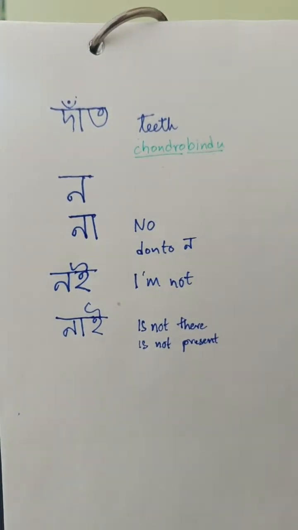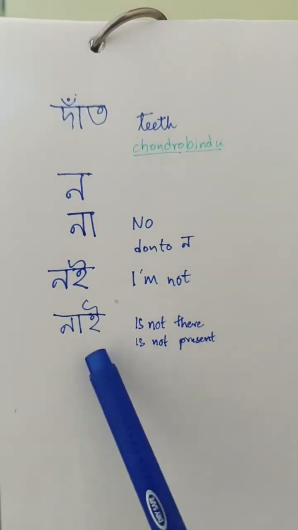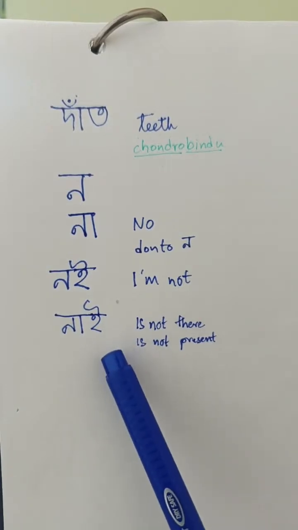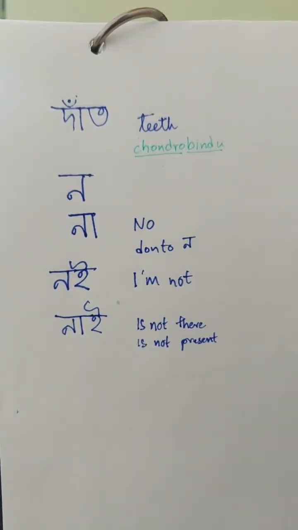Depending on which region in Bengal you're from, you may say nei, either nai or nei, but they both mean the same. So it's not there or it's not present. Let's say you do not have a passport or driving license: Amar driving license nai. Some people in some regions say nei. We have learned akar, so we are saying nai.